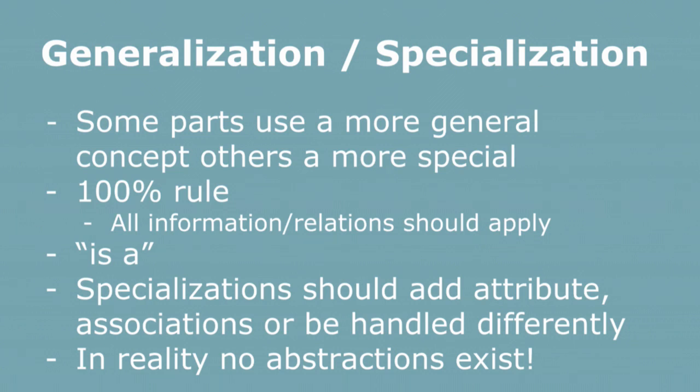So basically, in some parts of your domain model, you kind of like use a more general concept, while none of these exists in reality. So I would like for all of you to go into a store and ask to buy a fruit. You cannot really do that.